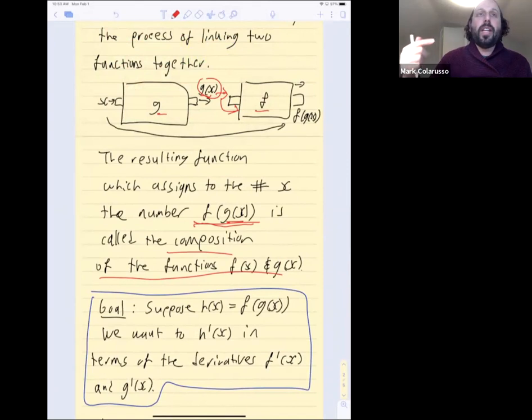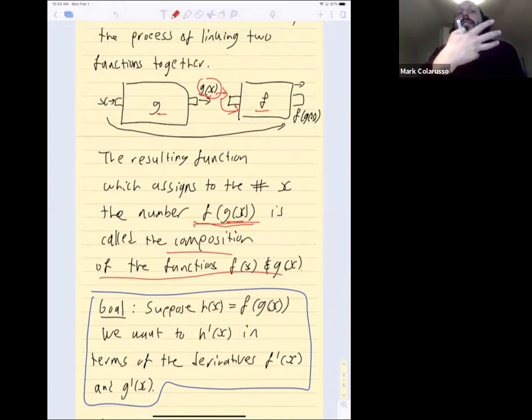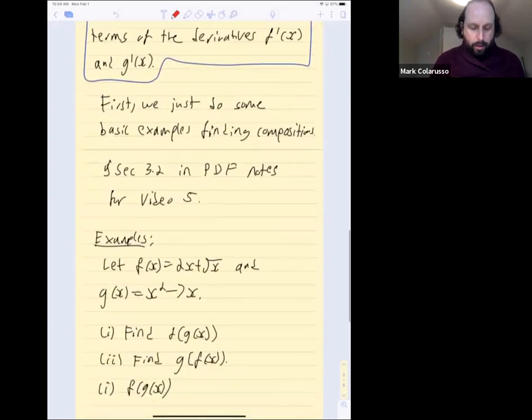So you're actually reading the composition from right to left. And I think that's the first tricky thing about compositions, because we're used to reading from left to right, but when you do compositions, you read from right to left. So first you input into the g machine, output g at x, input into the f machine. And that's the first trickiness with this.